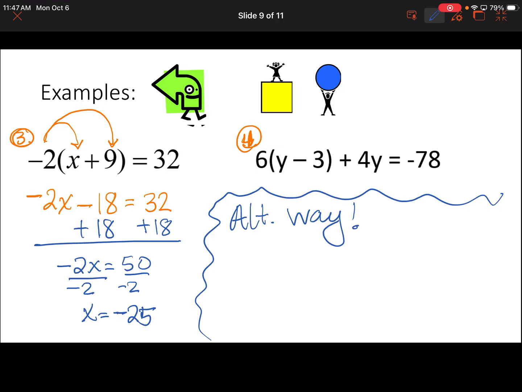Okay? In the equation, negative 2 times x plus 9 equals 32. This is an equation that has a distribute, and according to our notes, we said distribute, and then collect, and then solve. In this equation that only has a distribute, there is an alternate way to do this.